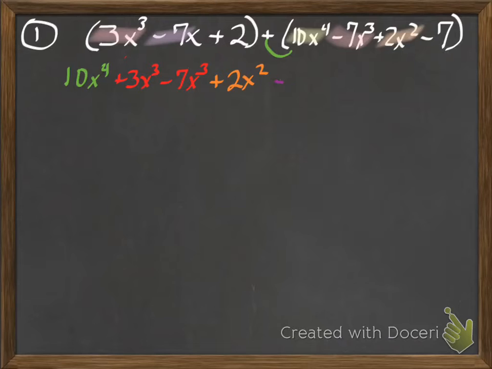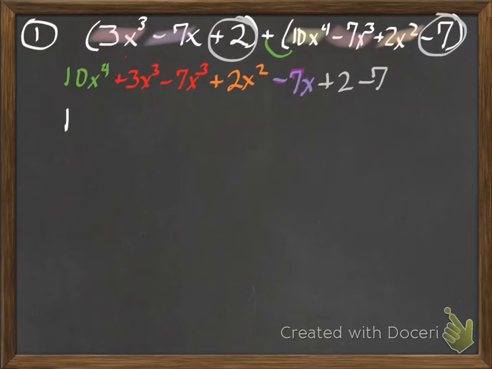So that's minus 7x. And then our constant term, which is plus 2 and minus 7. So plus 2 minus 7. And combine each of those terms.